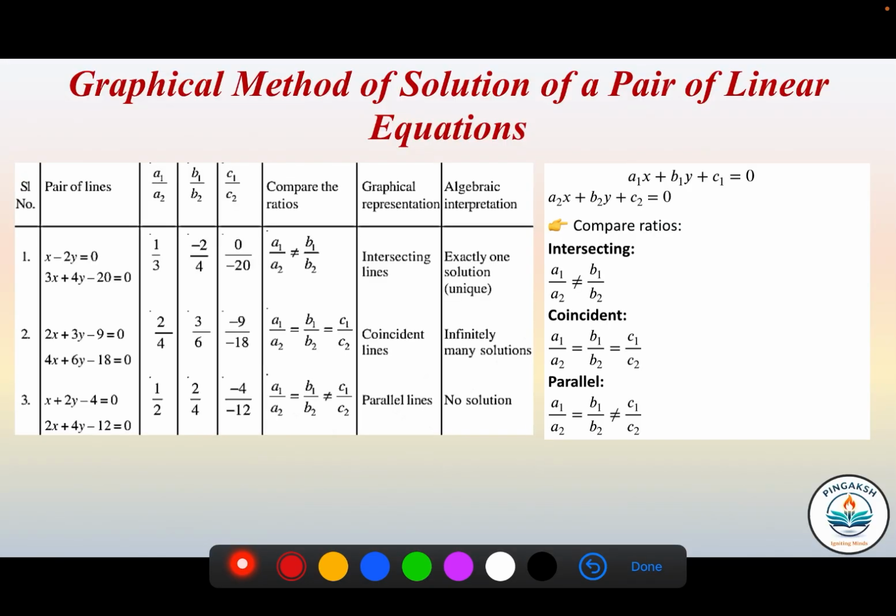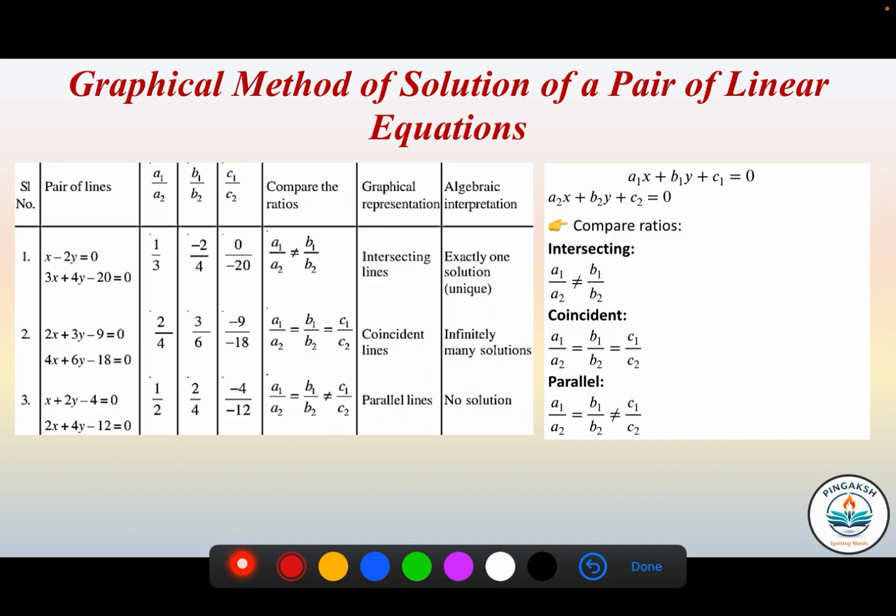Now to understand the basic solution, there are some ratios given, and according to the condition of those ratios we say whether the lines are intersecting and the equations have one solution, or whether the lines are coincident and there will be infinitely many solutions.